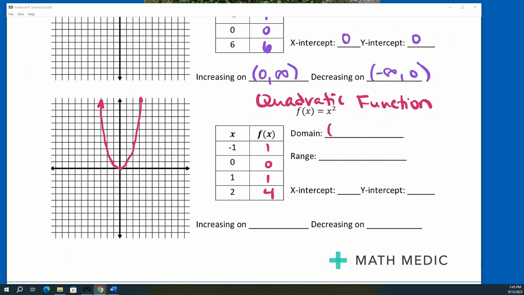All right, what about the domain? All real numbers. What about the range? We're going to include 0 because we do have a point there, 0, 0, which happens to be our intercepts. All right, and then the increasing is just like it was on the absolute value graph, and so is the decreasing.